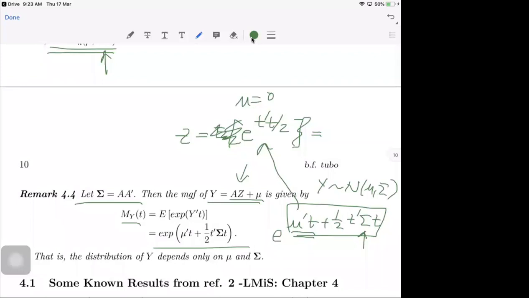So remember that. The moment generating function for a standard normal will be this, and the moment generating function for a normal random variable with mean mu and variance sigma will be e to the mu prime t plus 1/2 t prime sigma t.